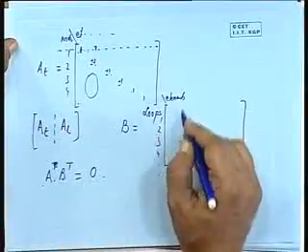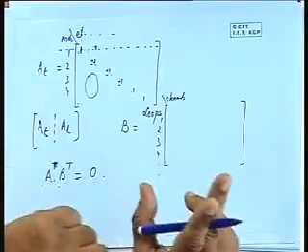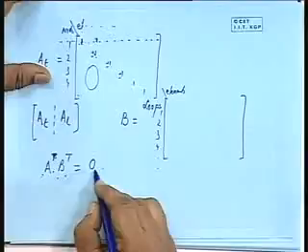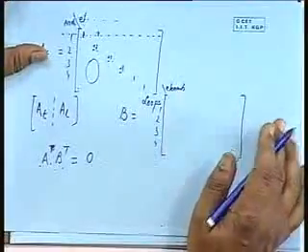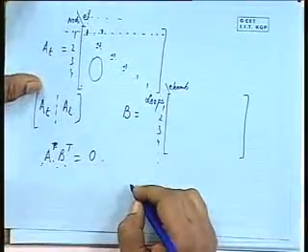Alright. So whenever we are multiplying A with B transpose, we are considering the elements, B transpose means the elements connected in a particular loop involving that node. Alright. So only 2 elements will come into picture in a particular loop. There can be another loop considering this element and another third element connected to this node. Okay. So A B transpose is always 0 irrespective of the type of loop. We shall be considering only the fundamental loops.